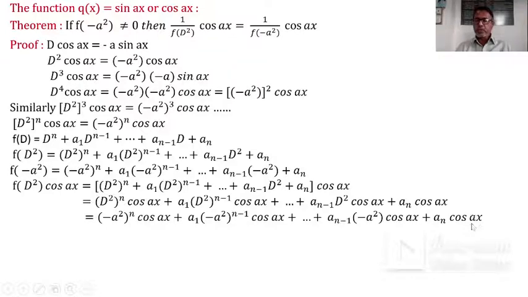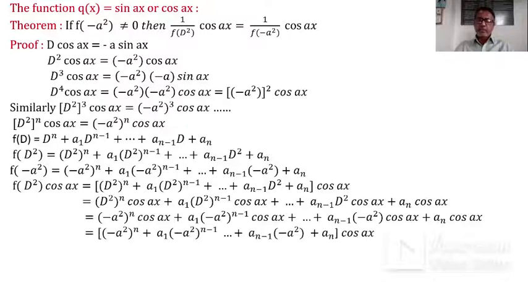Now we take cos ax common from the right side, then we obtain in the square bracket (minus a square) to the power n plus a1 (minus a square) to the power n minus 1 plus ... plus a(n-1) into (minus a square) plus an, square bracket complete, into cos ax.